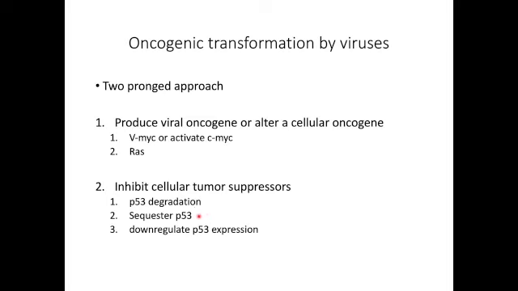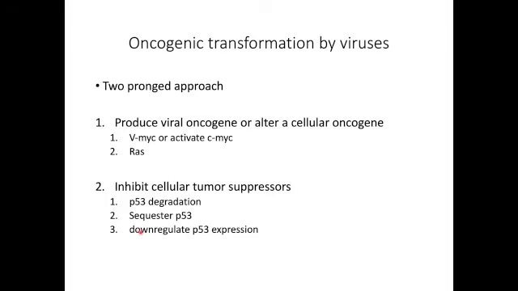Others will simply sequester p53, so maybe take it out of the nucleus and put it in the cytoplasm where it cannot recognize double-stranded DNA breaks, where it can't turn on the cell death pathways. And then still others will actually interfere with gene expression and downregulate p53 expression. What we often see is a combination.